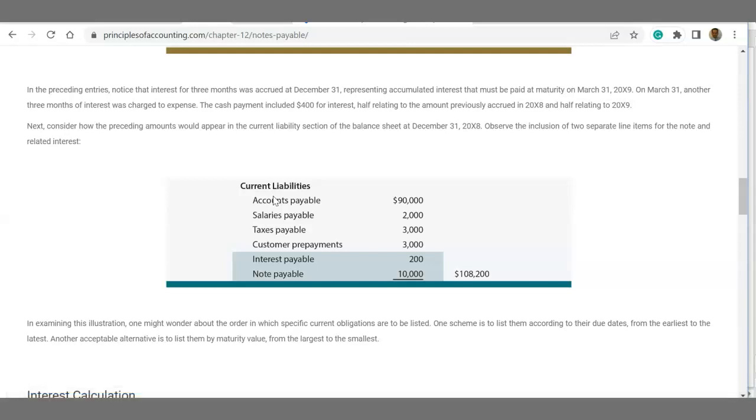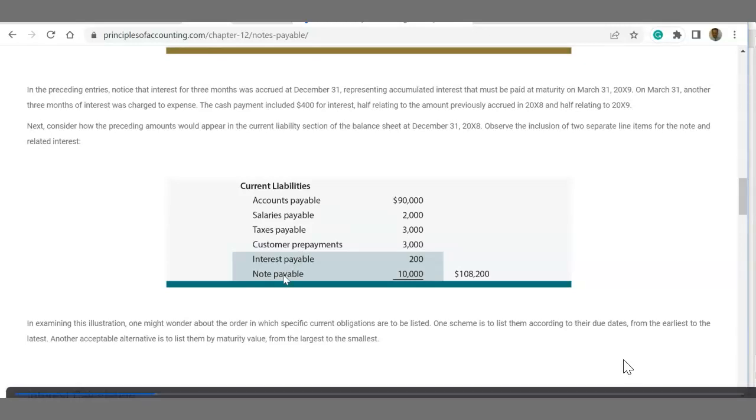So current liabilities might be accounts payable, salaries payable, tax payable, unearned revenue, which is customer prepayments, interest payable, or also the current portion of note borrowing.